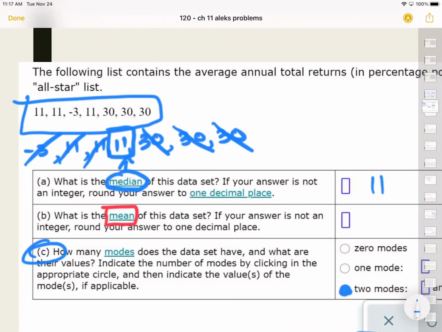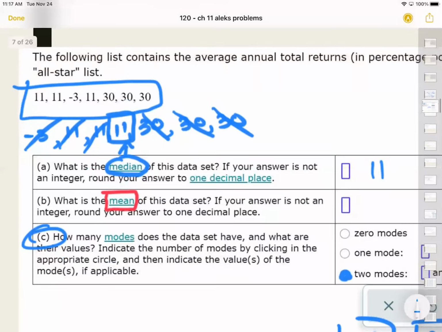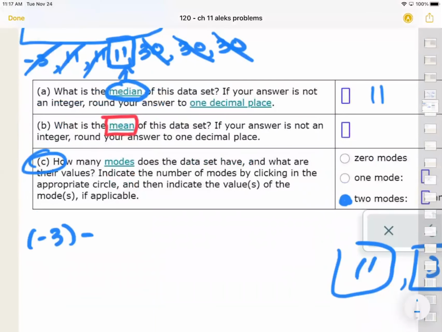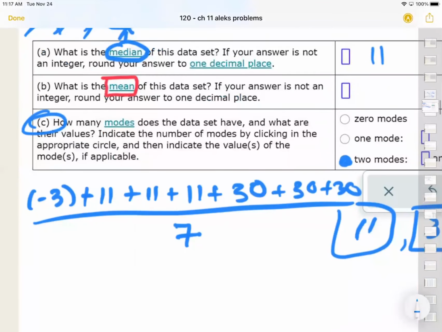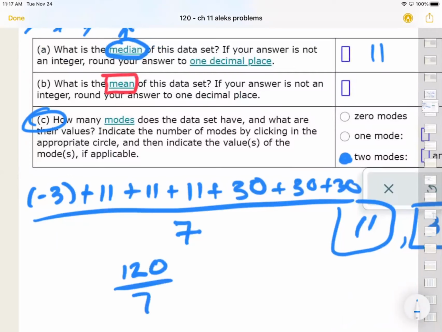How do I find the mean? Reminder, to find the mean, you take the individual data: -3 plus 11 plus 11 plus 11 plus 30 plus 30 plus 30, and divide it all by 7, right? So 30 times 3 is 90, 11 times 3 is 33, take away 3, so that's 120.